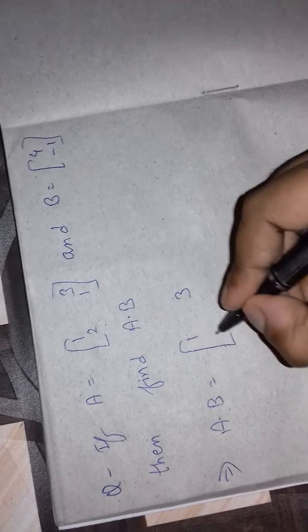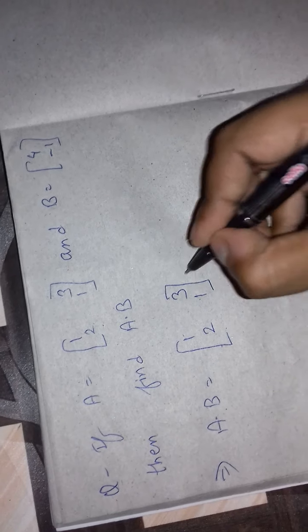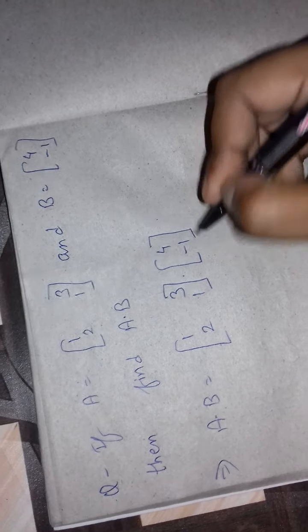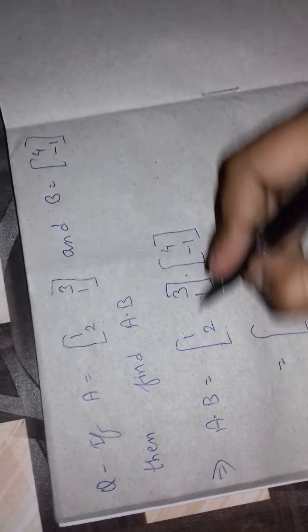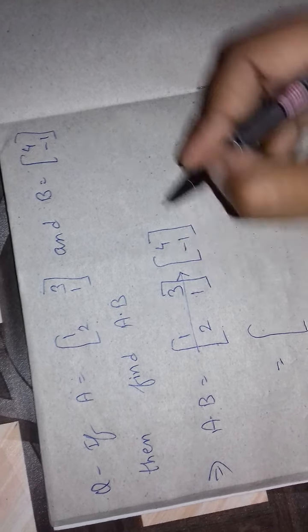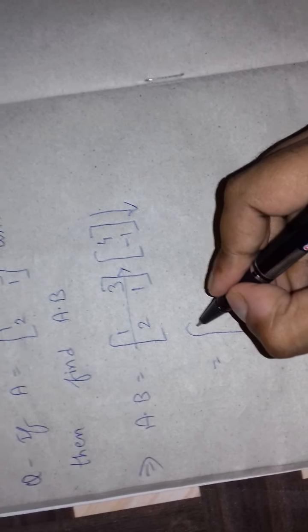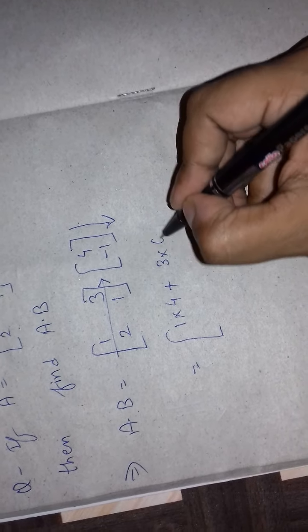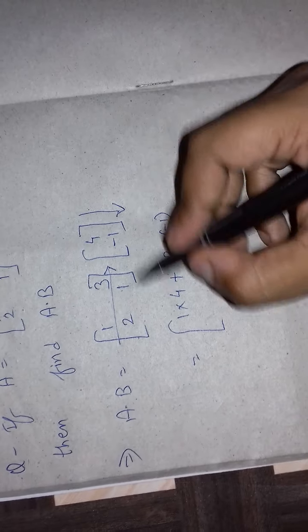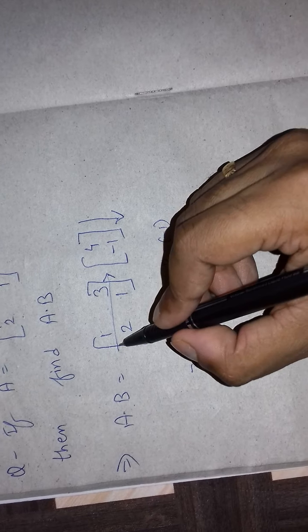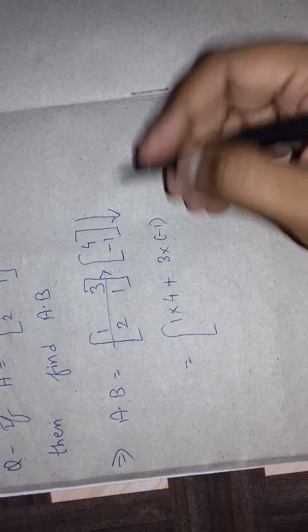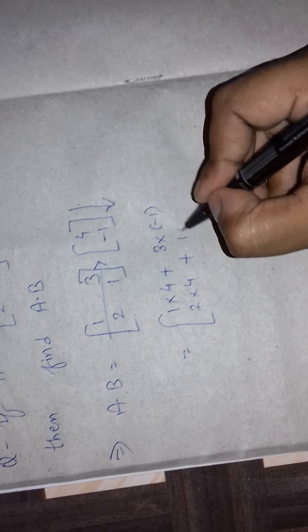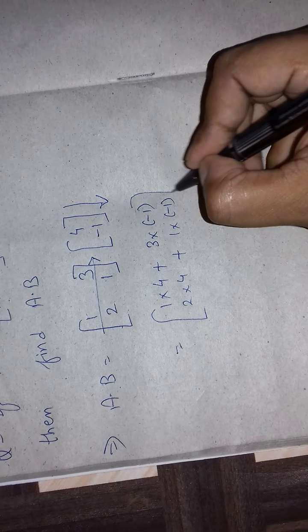Here we have only one column, so we will multiply this row with this column only, 1 into 4 plus 3 into minus 1. 2 into 4 plus 1 into minus 1.